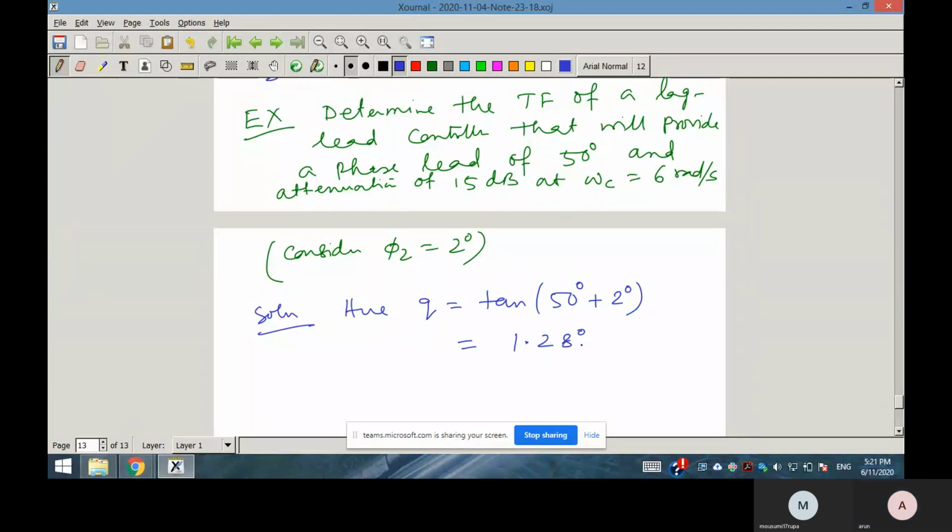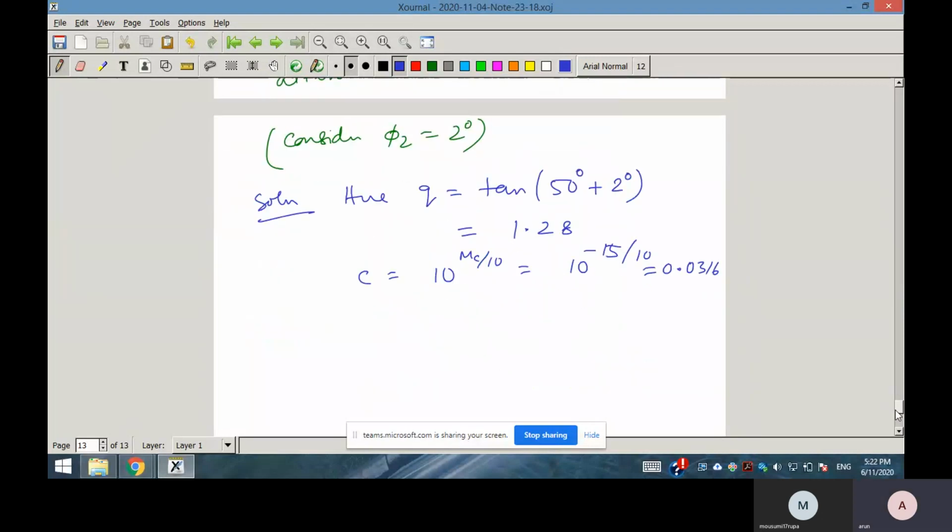Then what is your c? c will be equal to 10 to the power Mc by 10, so 10 to the power minus 15 by 10. So this is equal to 0.0316.